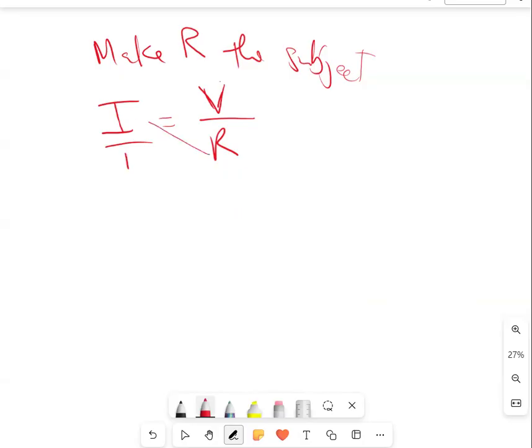Put this over 1, multiply like that. You get IR equals V. Now you want to get rid of this I, so you divide through by I. You get R equals V over I. See? So not every time at one go you get your answer.